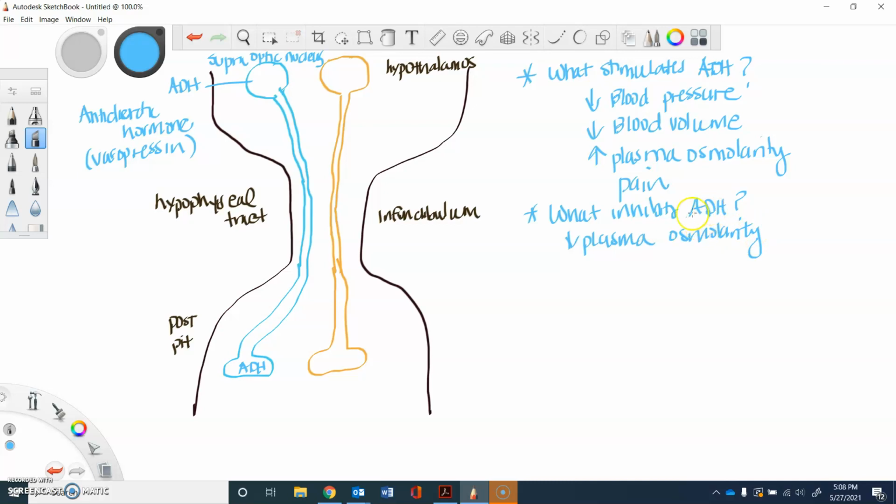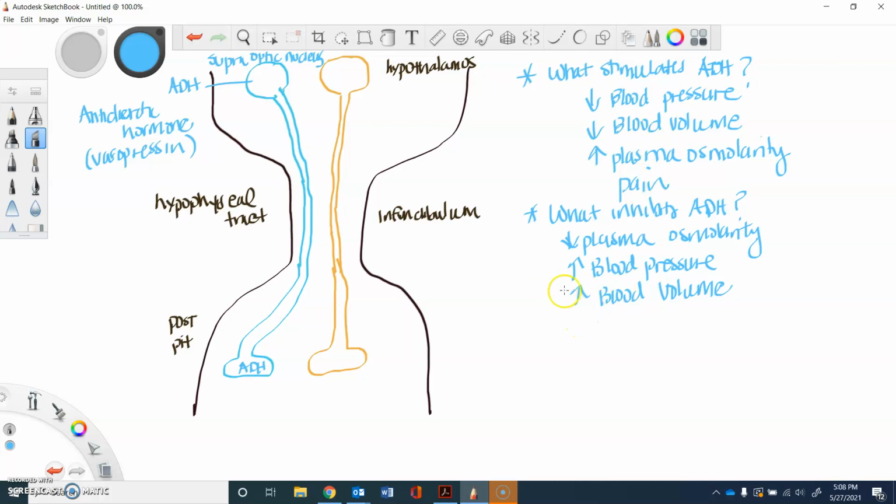So if there's more fluid and less solutes, that's going to inhibit ADH. Increased blood pressure and increased blood volume are also going to inhibit ADH. So just the opposite of what we put in there before. Okay.